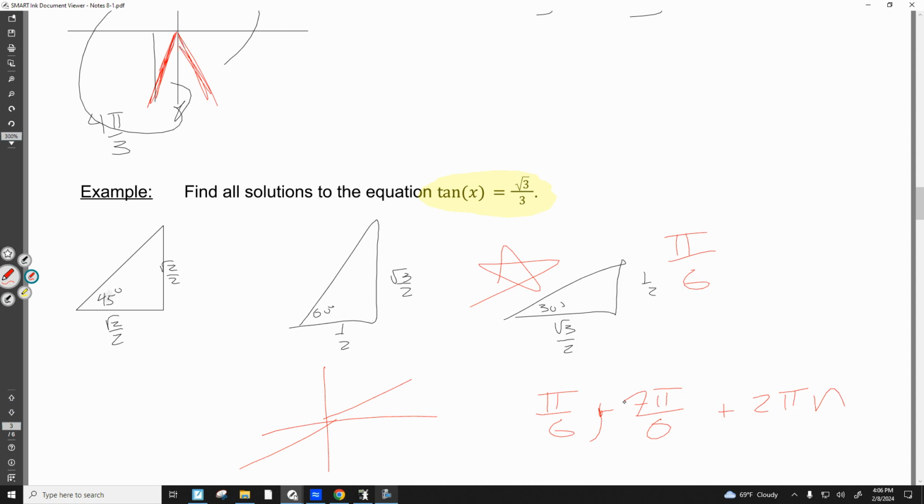Pi. Oh, wait. This number is just a pi away from the previous angle, and then it's going to be a pi away from the next. So why'd you waste your time? You just needed one, and all of the other ones will be a pi away. Because the period of tangent is pi.